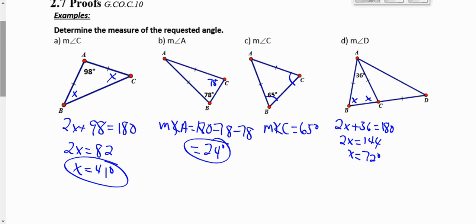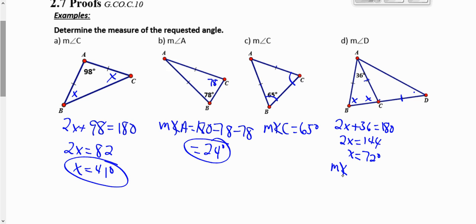Okay, now we gotta get to the other triangle. We gotta get to angle D, don't we? What is this other triangle? What kind of triangle? It's also isosceles, isn't it? Which means these guys are congruent, right here, right? So let's get the measure of angle C. How are we gonna do that?